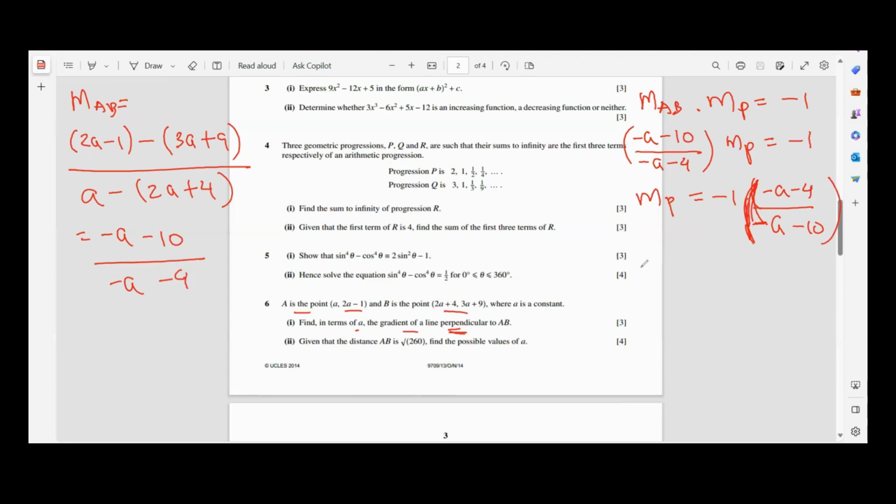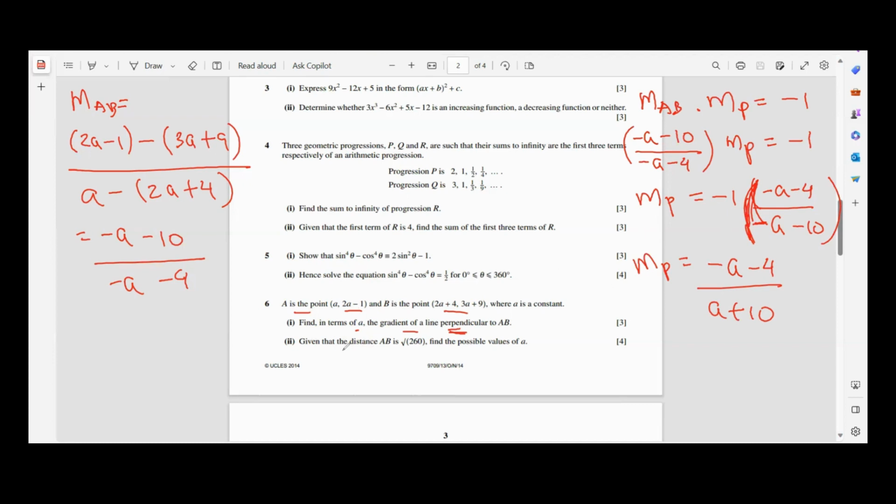If I simplify it, it equals minus a minus 4 over a plus 10. Okay, so that is for 6i.